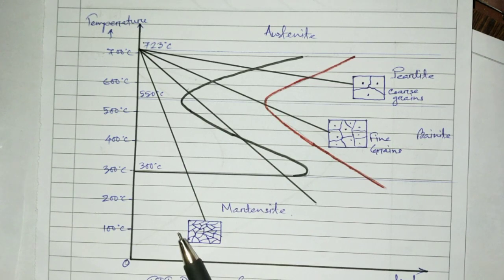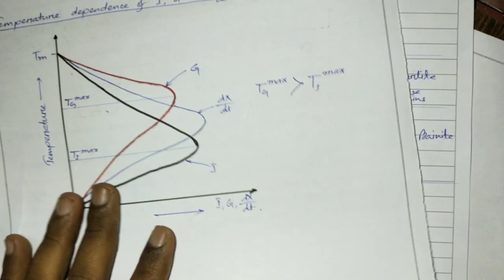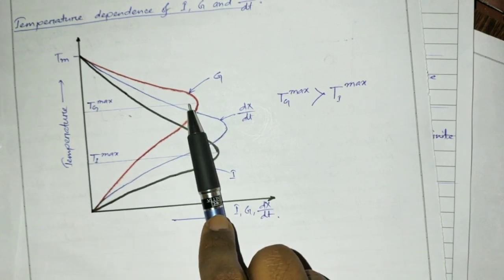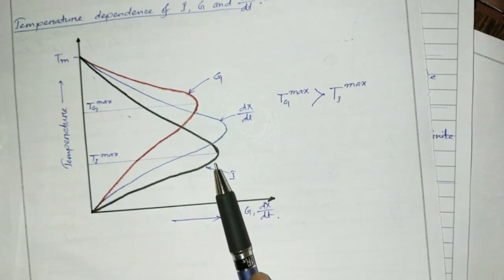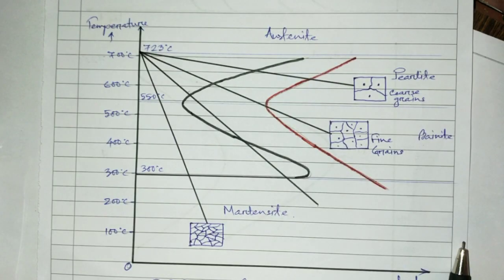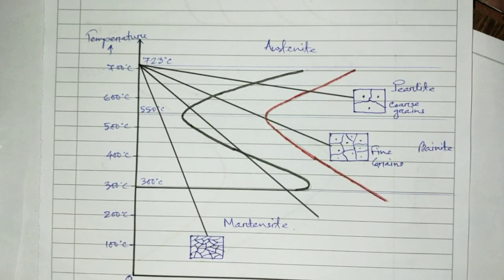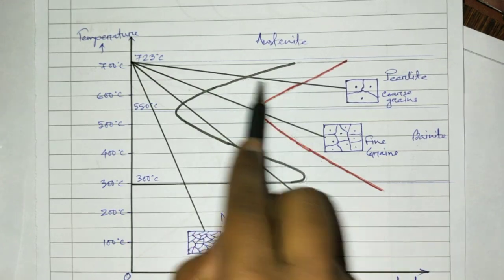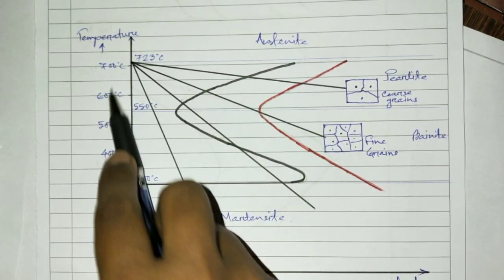Now, from the previous diagram that we have watched, at higher temperature the growth rate is maximum, but at lower temperature the nucleation rate is maximum. With that reference, I can say that this transformation takes place at higher temperature.